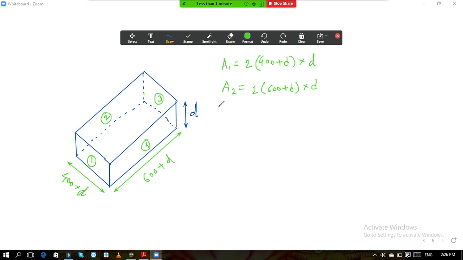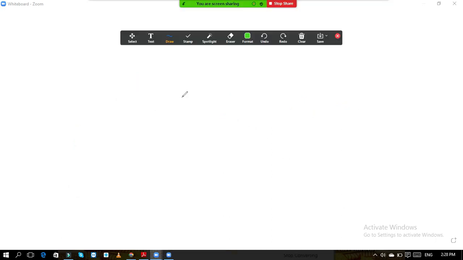If I want to calculate the total area A, then it will be 400 plus D into D. This is our first area.